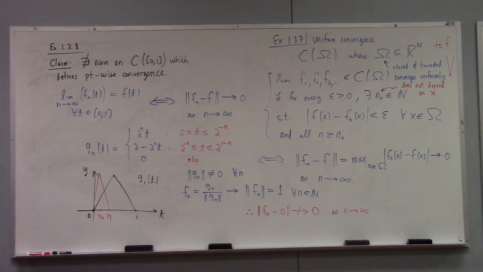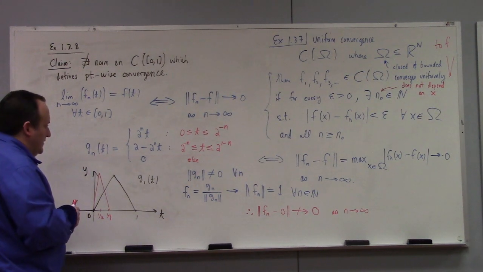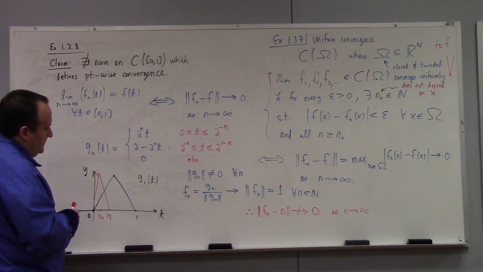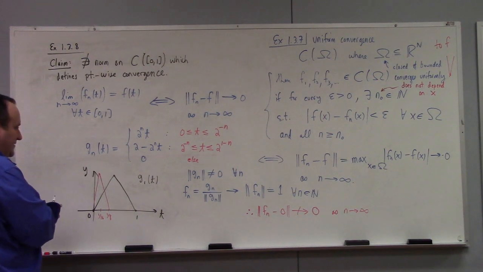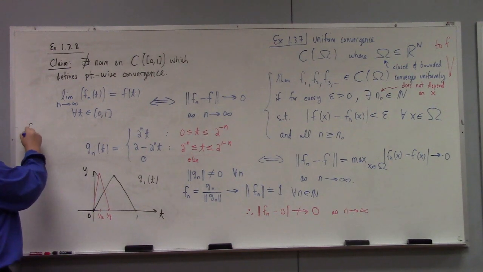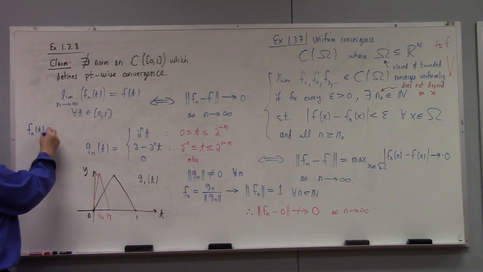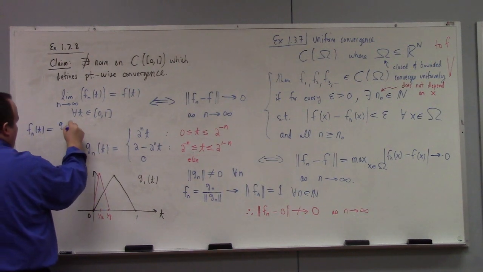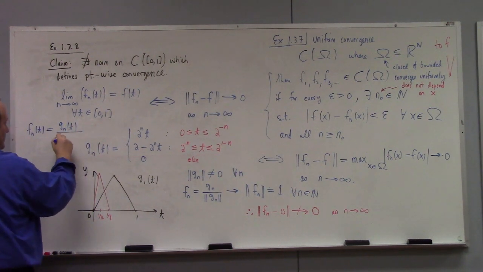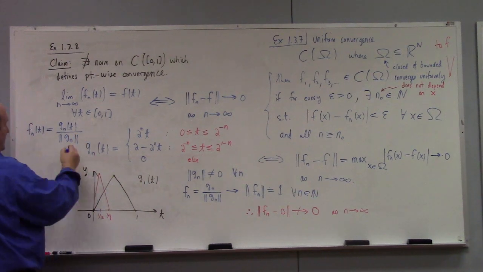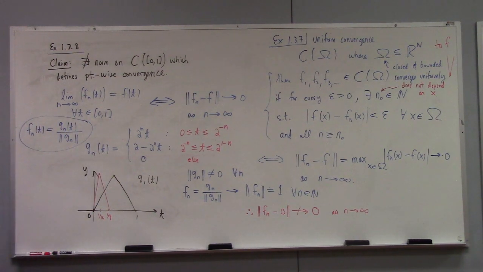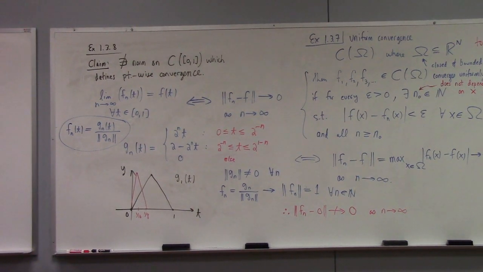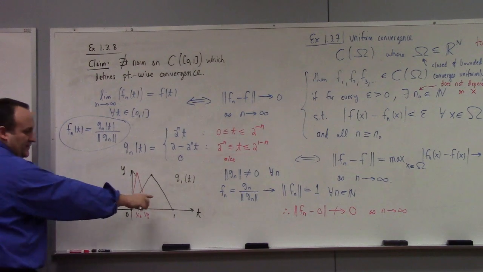Okay, so fn of t is just gn of t over the norm of gn, right? So if you think about this formula, down here we have a graph.